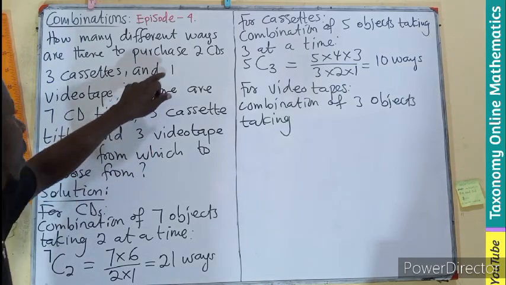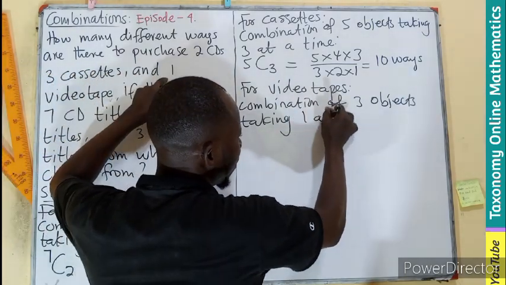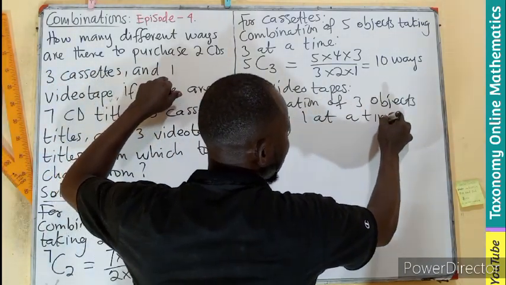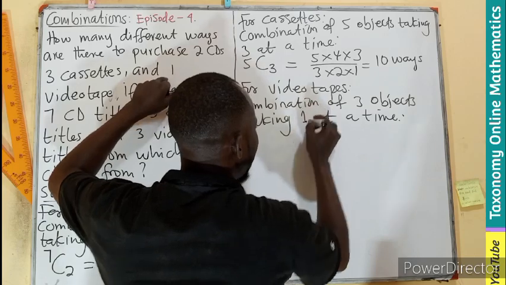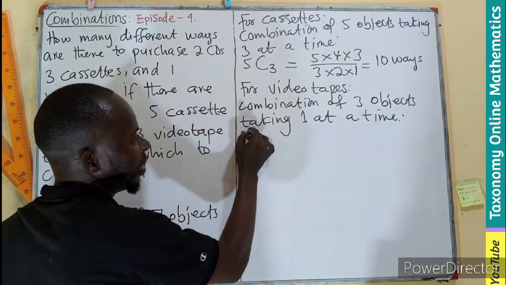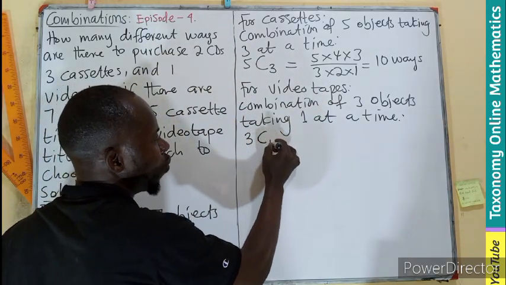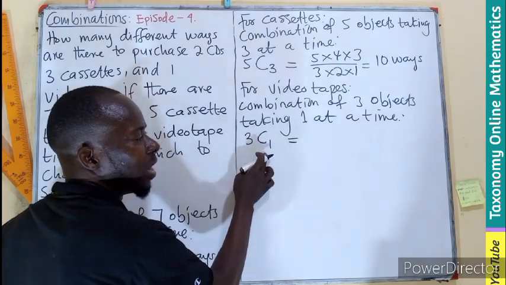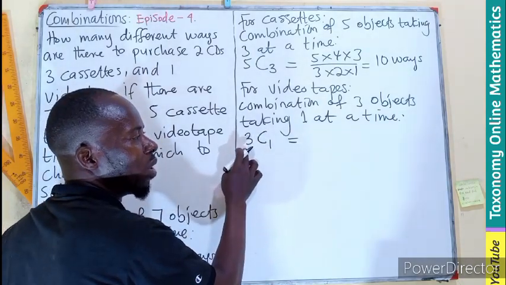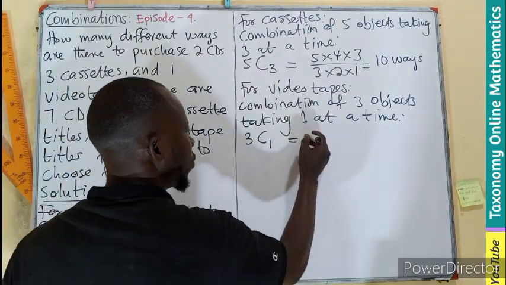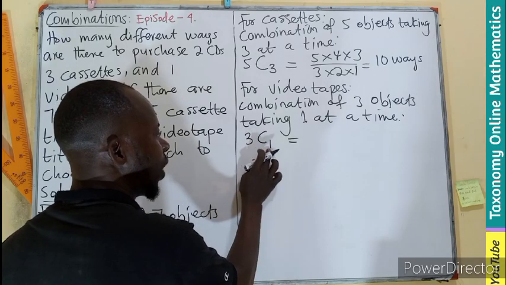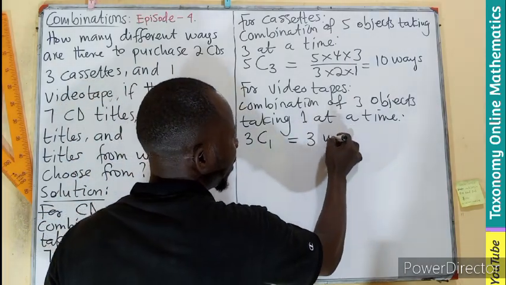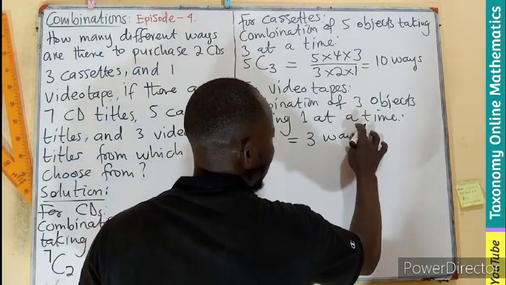How many are we taking? 1 at a time. That simply means that we have 3 combination 1, which means we expand this only 1 time. That will be 3 ways, right?